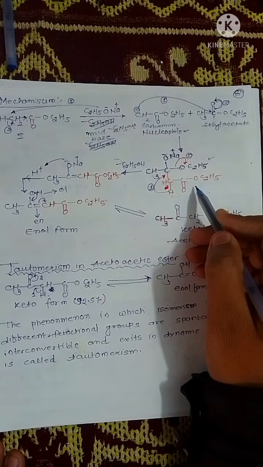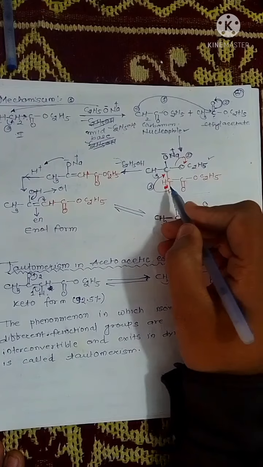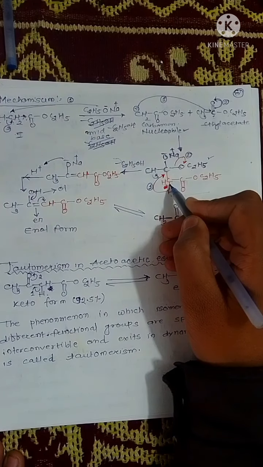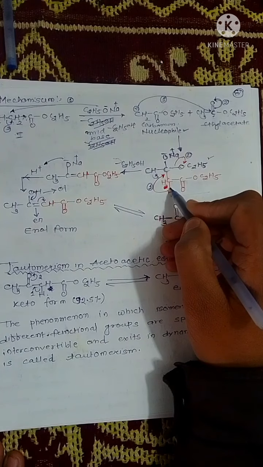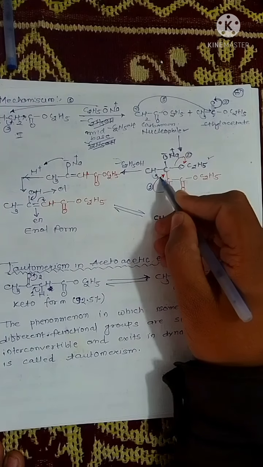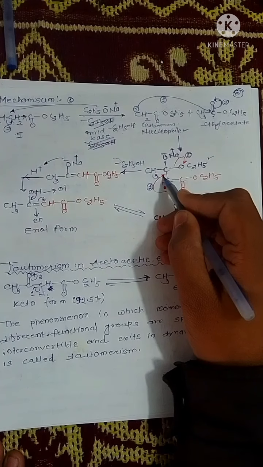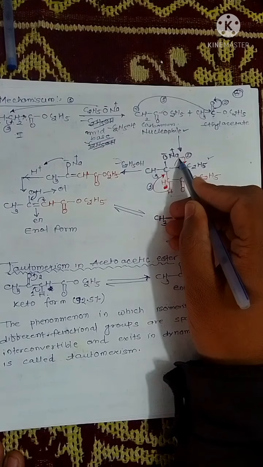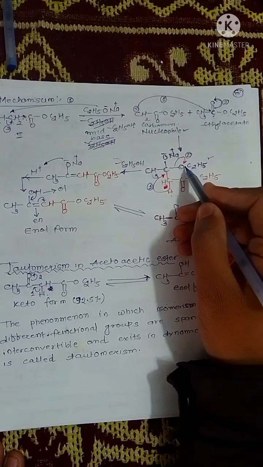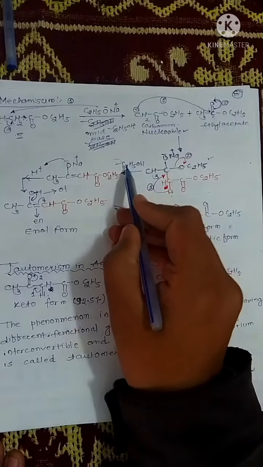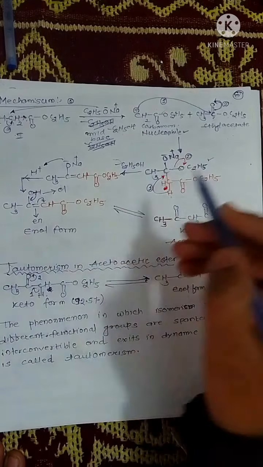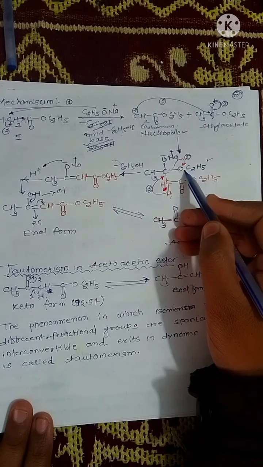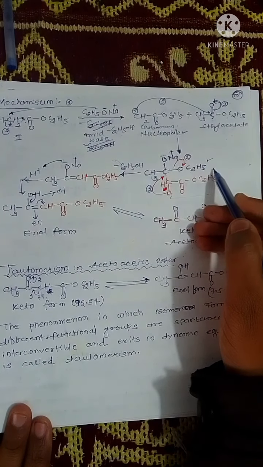When this molecule is formed, the bond between one of the carbon and hydrogen shifts here. Because of that this C2H5O bond is shifted onto the oxygen, and C2H5OH goes away because the oxygen is negative and this hydrogen comes as positive.